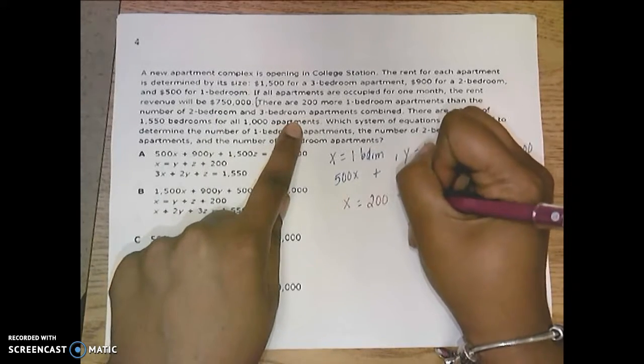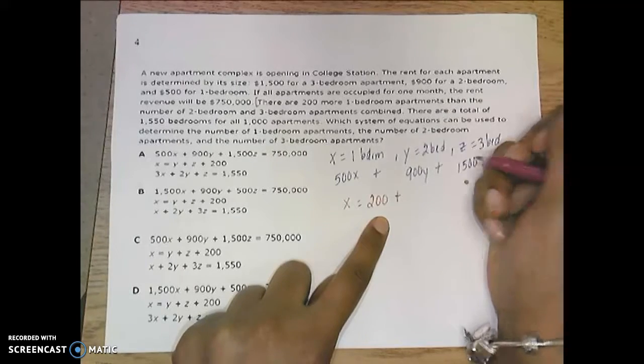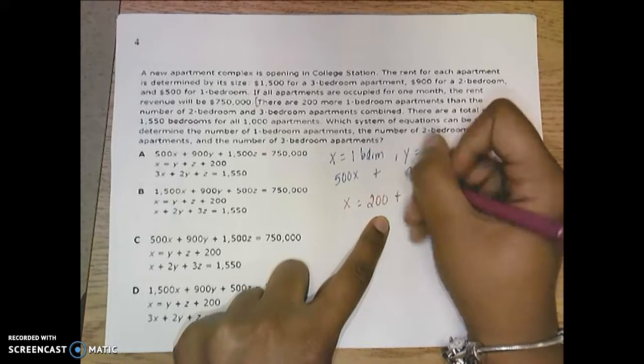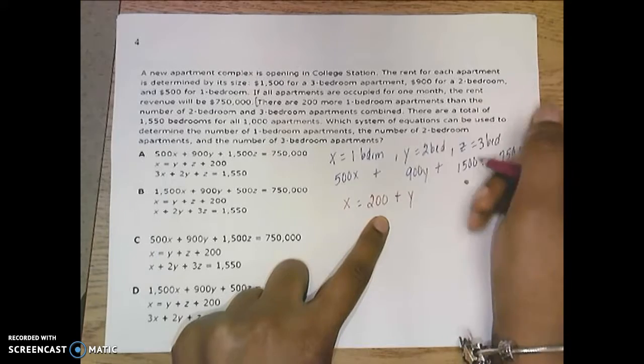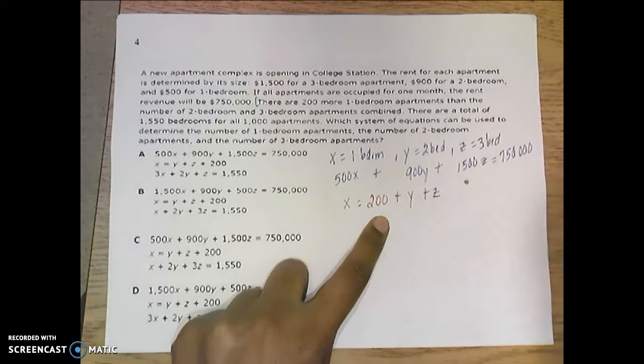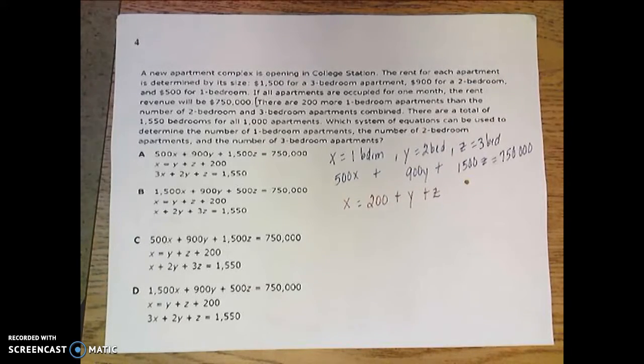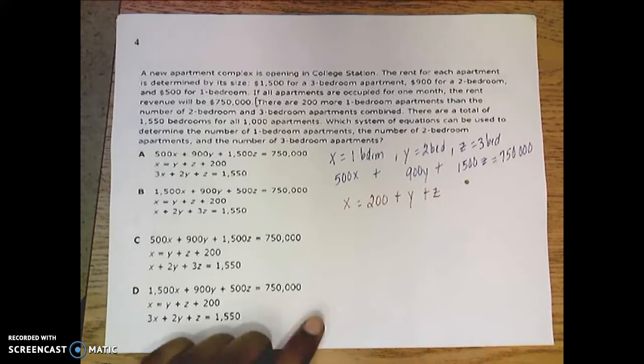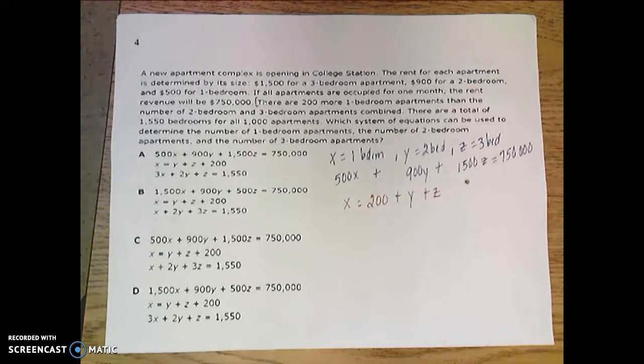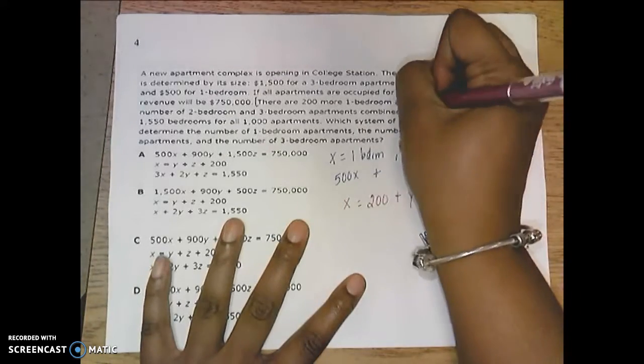So what that's going to be is 200 plus 2-bed, which is Y and Z. Okay, so that's going to be our second equation. All right, so X equals 200 plus Y plus Z. So that comes from this one.